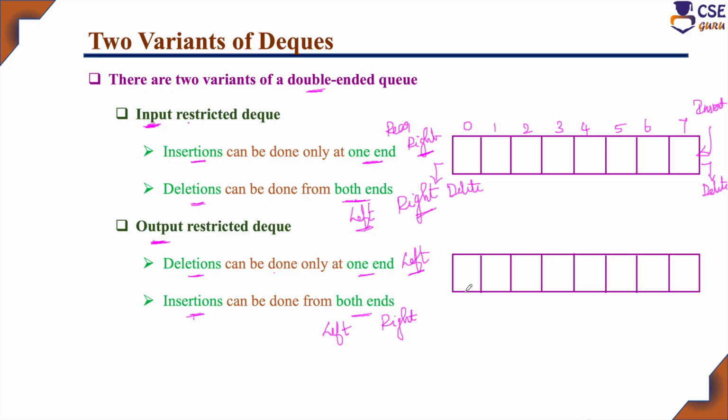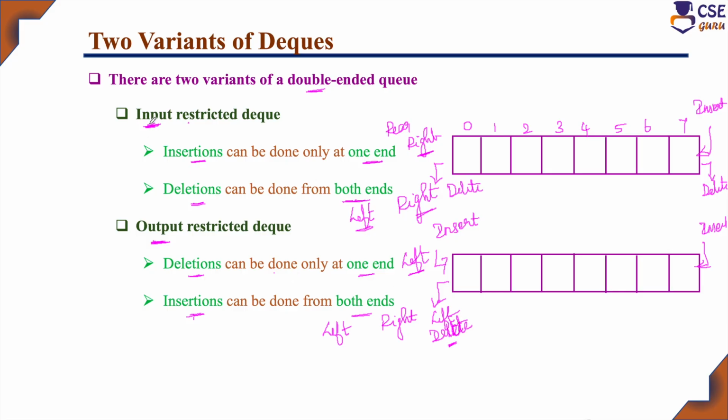Similarly, in output restricted DQ, deletion is restricted to only one end, the left pointer end, but insertion can happen at both pointer positions. Deletion will happen only at the left pointer end. So these are the two variants of DQ.